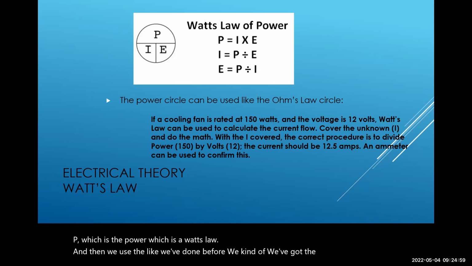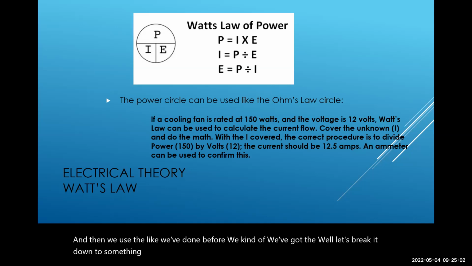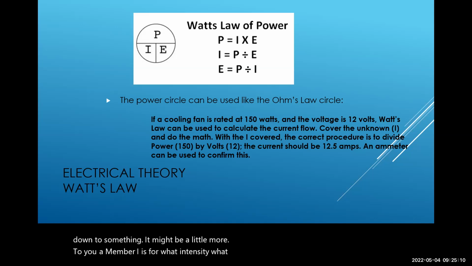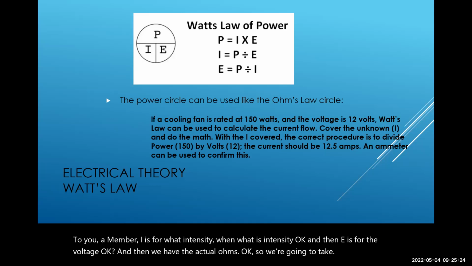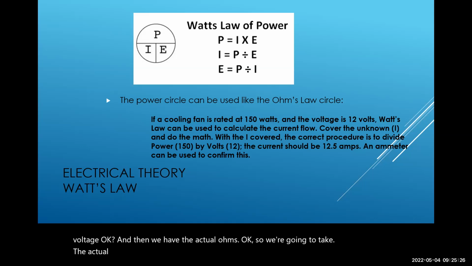And then, like we've done before, let's break it down to something a little more understandable. I remember, I is for what? Intensity. What is intensity? And then E is for the voltage. And then we have the actual ohms. So we're going to take the actual amps, the intensity of amps, times the voltage.